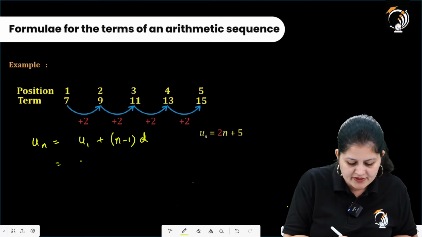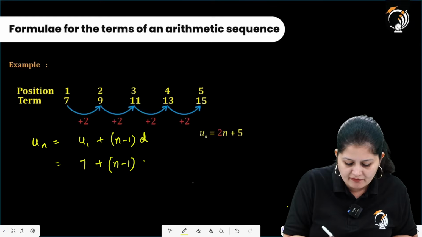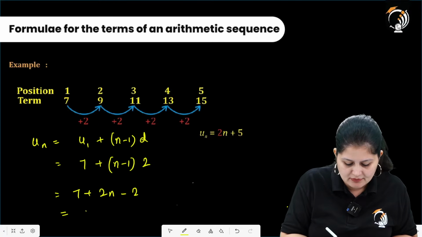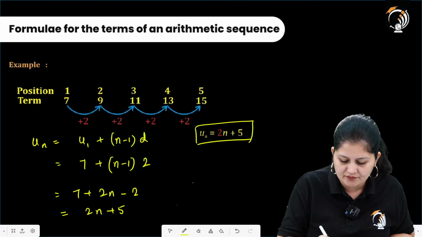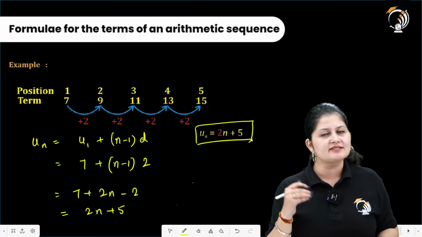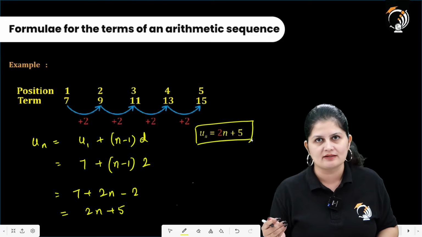The first term u1 is 7, plus n minus 1 multiplied with 2, so that is 7 plus 2n minus 2. So we get the nth term as 2n plus 5, as mentioned here. Clear? This is how we calculate the nth term of any particular sequence.